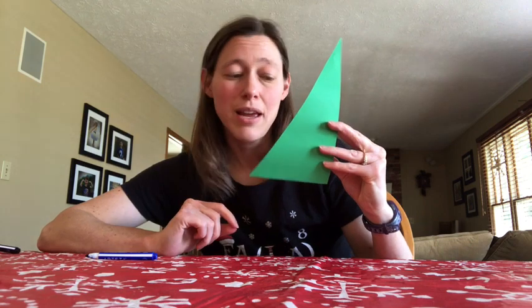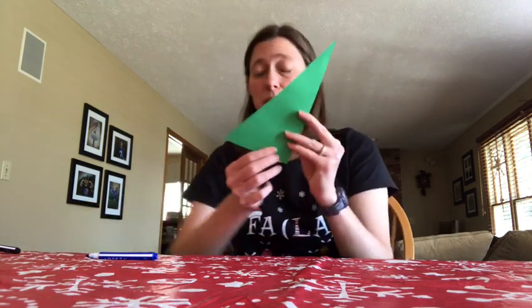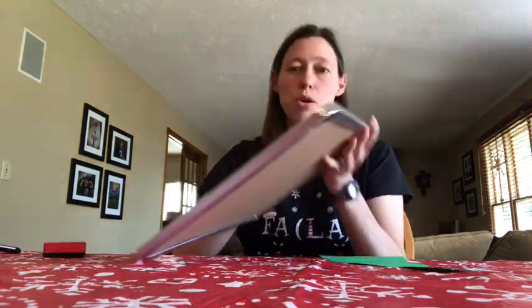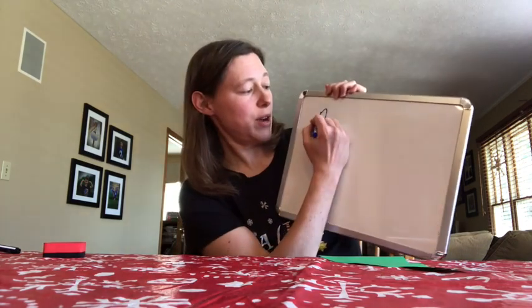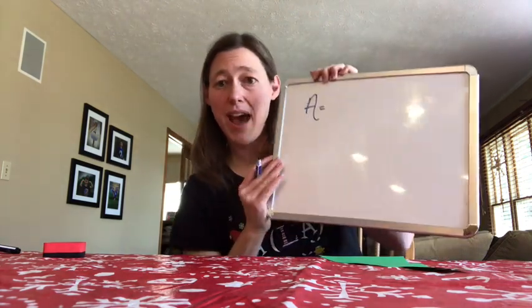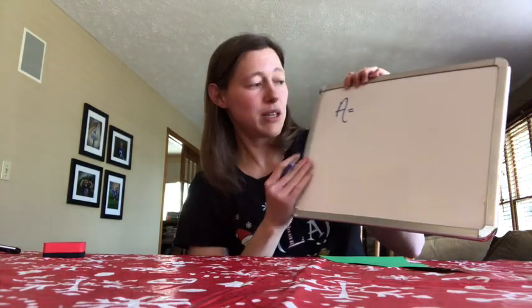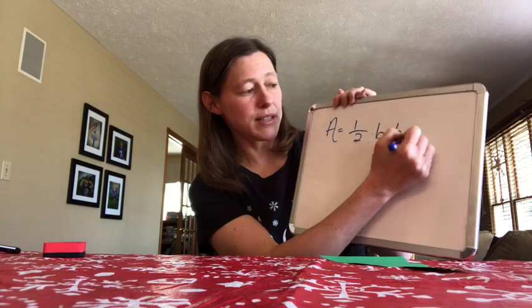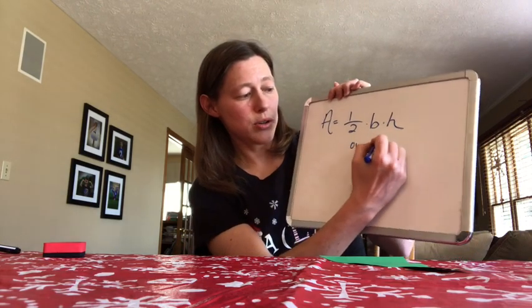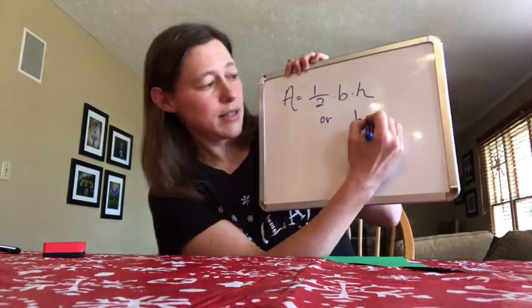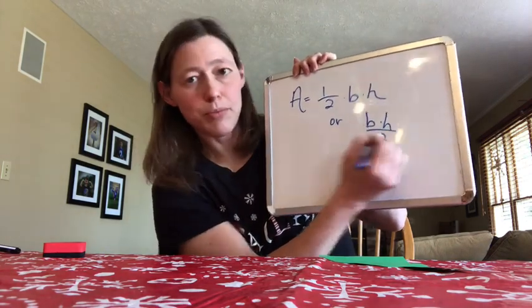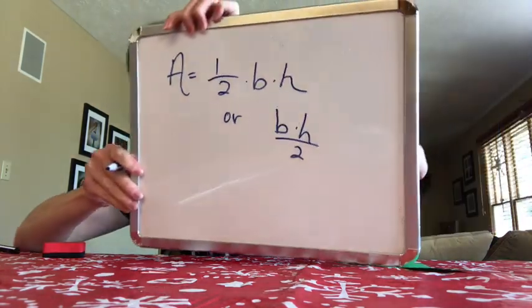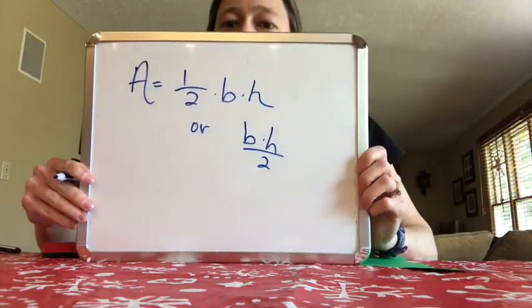All right, I'm going to use my triangle that I just cut off of my parallelogram. For the area of a triangle, it's actually going to be half of the area of a rectangle. So you can say half times base times height, or base times height divided by 2. That's the formula for the area of a triangle.